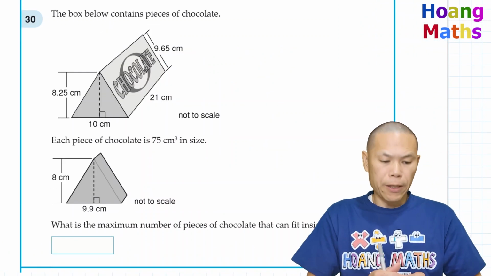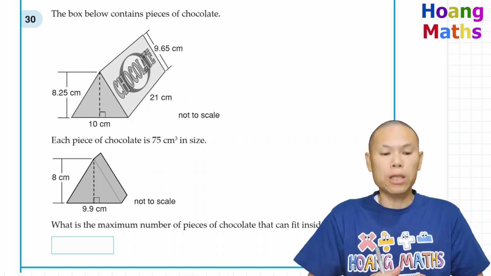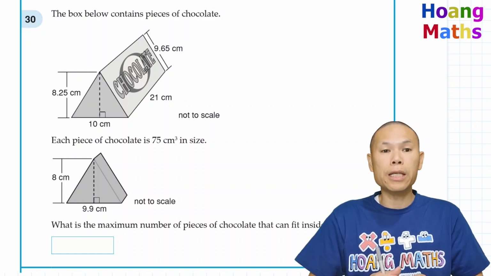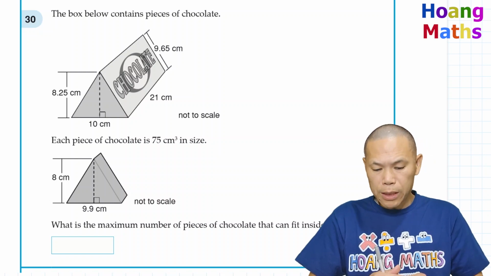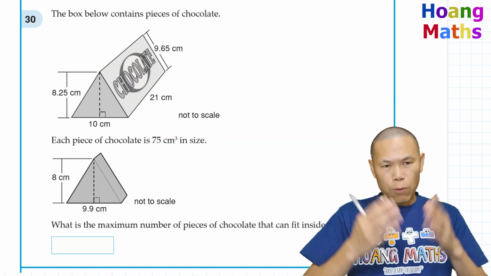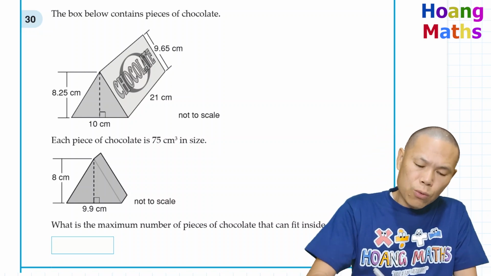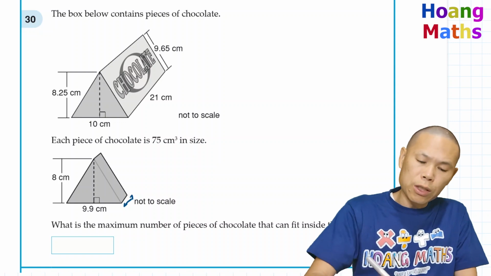Question number 30. The box below contains pieces of chocolate. Each piece of chocolate is 75 cubic centimeters inside. What is the maximum number of pieces of chocolate that can be fit inside the box? So what we need to do is work out the height of this chocolate, and then we just fill it up.